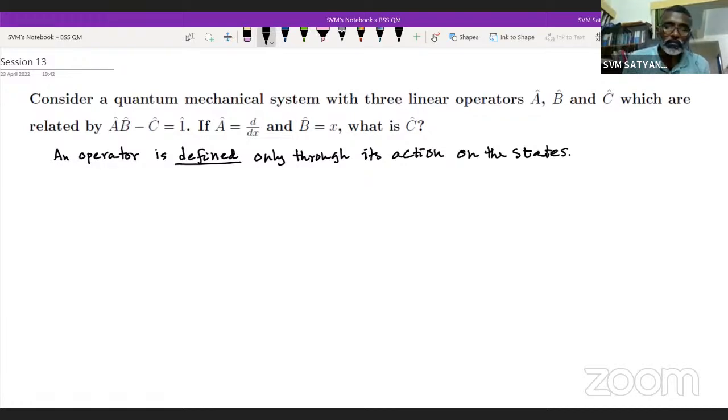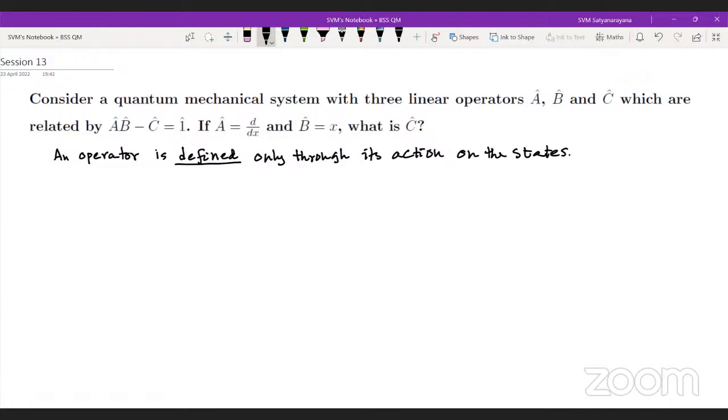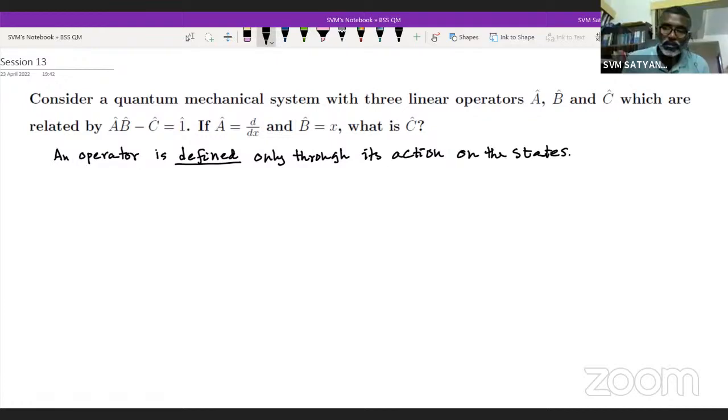So whenever you are talking about operator equations, they make sense only in that way. For example, if you want to interpret AB minus C is equal to 1, this is the identity operator. Some of you are saying unit vector, but this is an identity operator.